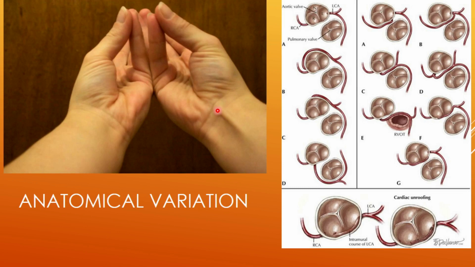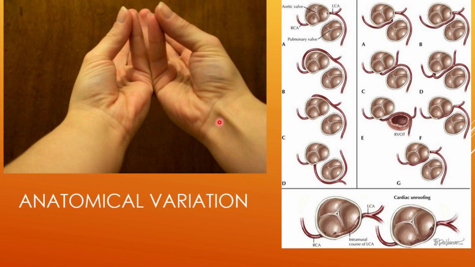If you don't, it's no problem, but there we go, you have an anatomical variation. I myself have a very obvious one on the right hand side, similar to this individual, and on the left hand side it's not quite so prominent, but it's still there. So I do have two.